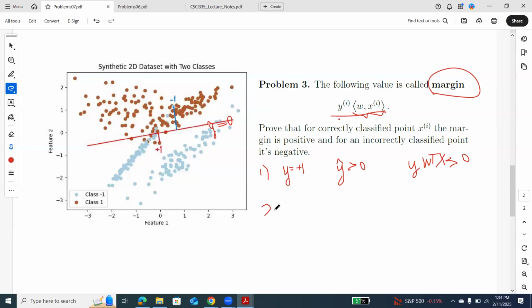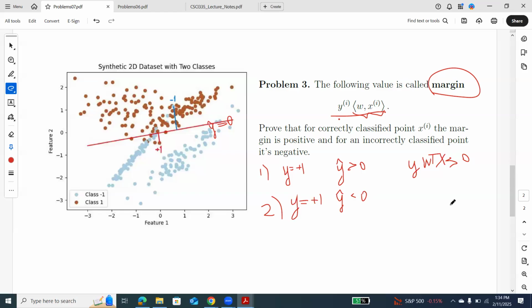Now, if our target is positive, but the prediction is negative, so it means that our point has a positive class label, but it lies below our separator.